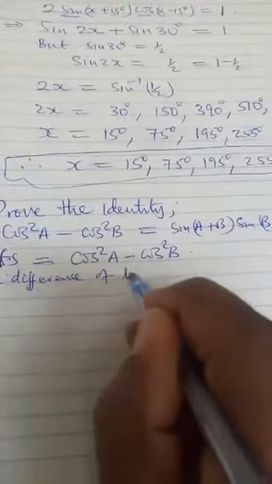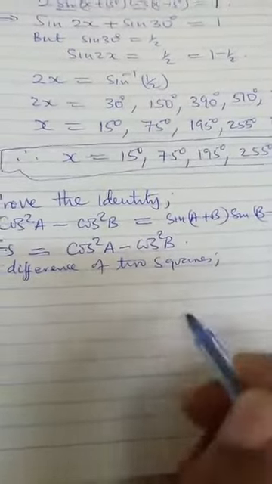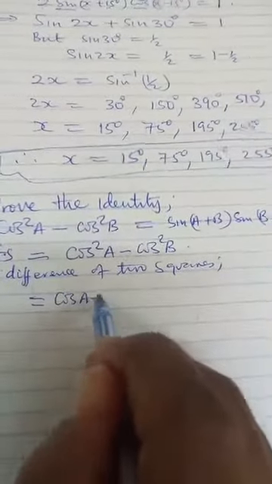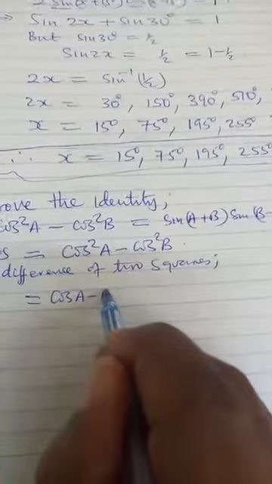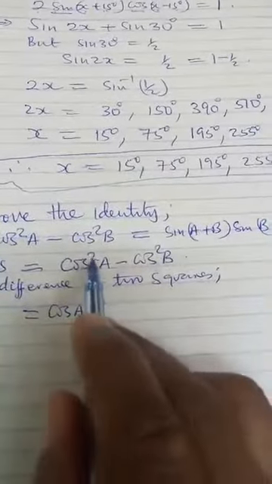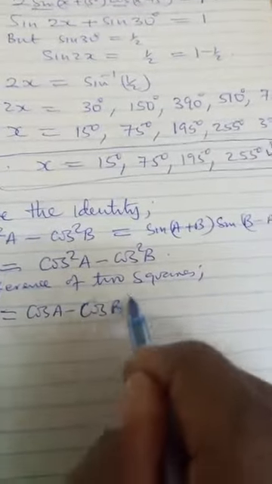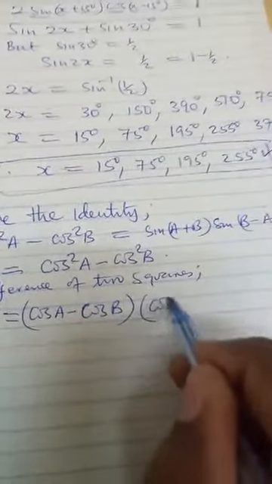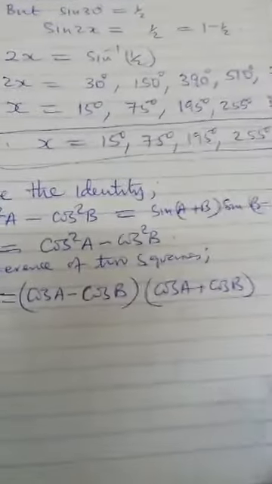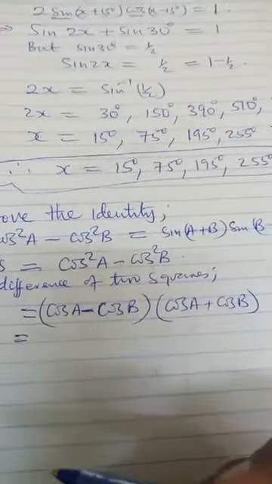Here we say, using the difference of two square numbers, we can write this now as (cos A minus cos B) into (cos A plus cos B). That's step number 1. Step number 2, when we are subtracting cos, we use sine.